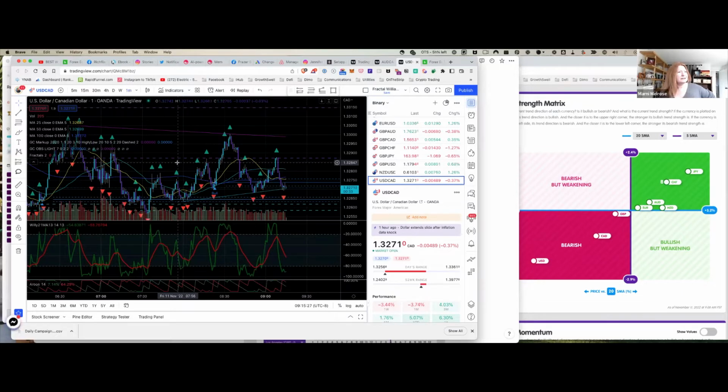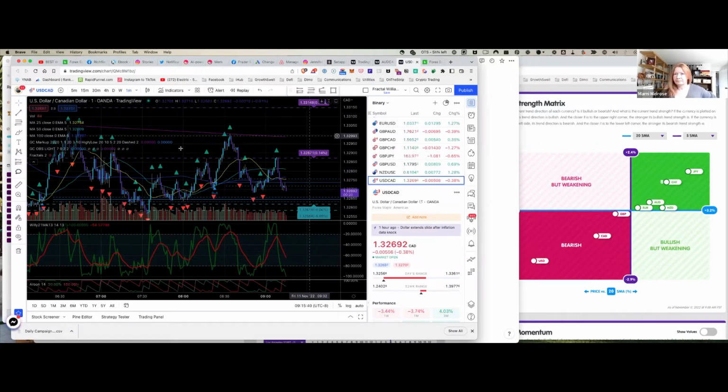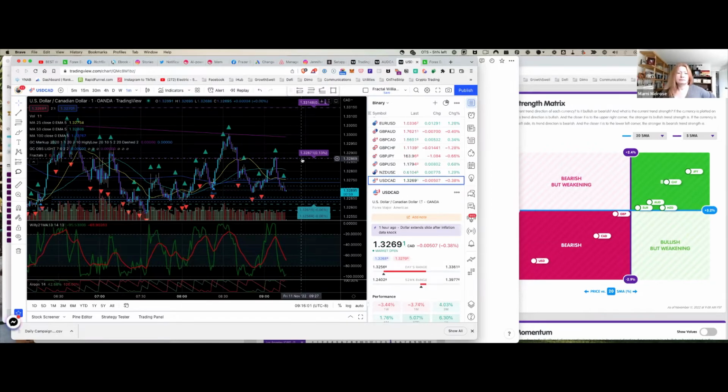It's a lot easier to see on Quotex, but anyway, you can turn certain stuff back on and off. So the GC markup is the Fibonacci markup of buy zones from our team.